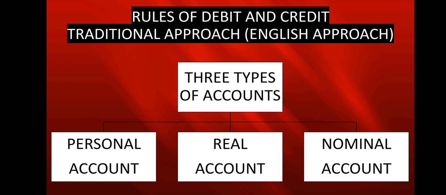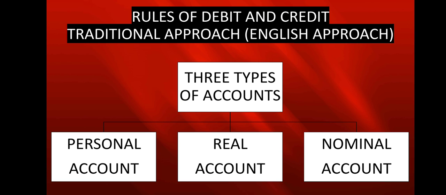Now, having given you all the meaning of all these accounts, let us try to understand the rules of debit and credit under the respective accounts. Please remember, children, I am telling you all once again, the rules of debit and credit cannot be changed. So let us start with the first one. What is the first account? If you could look onto the slide, it is personal account.